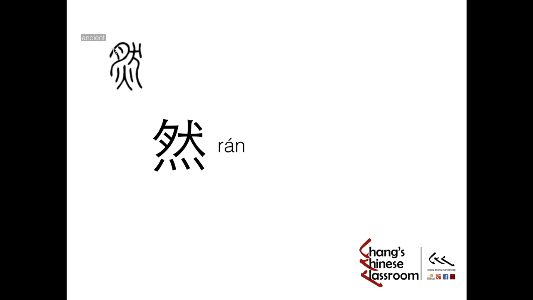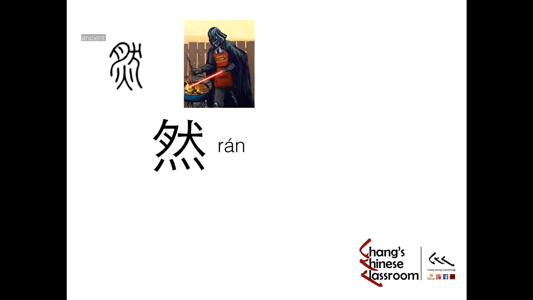So this part is a piece of meat, and right part is a person holding it, a person with really long legs. And this, you can see, is the ancient Chinese character for 火, the fire. So this picture describes literally a guy making a barbecue, right? So it evolved the meaning to become the meaning to burn.